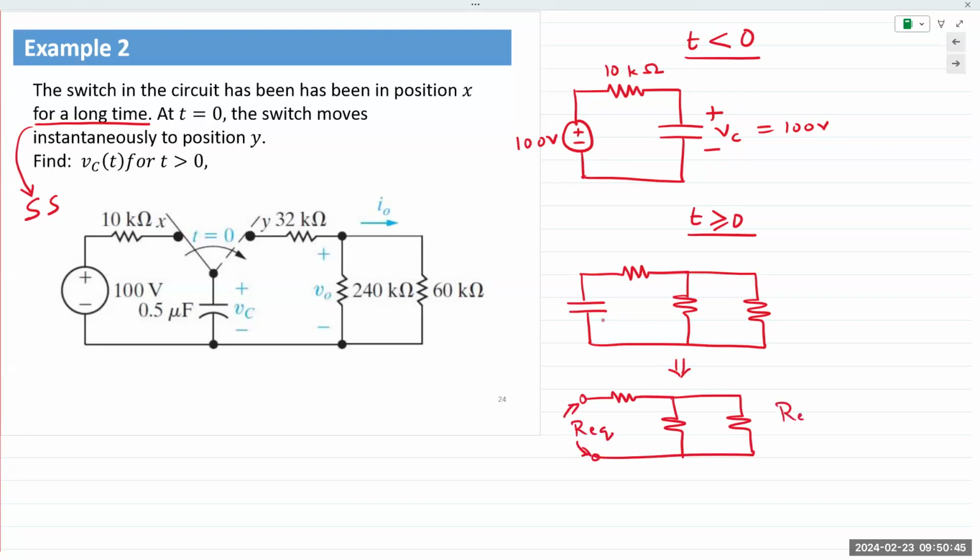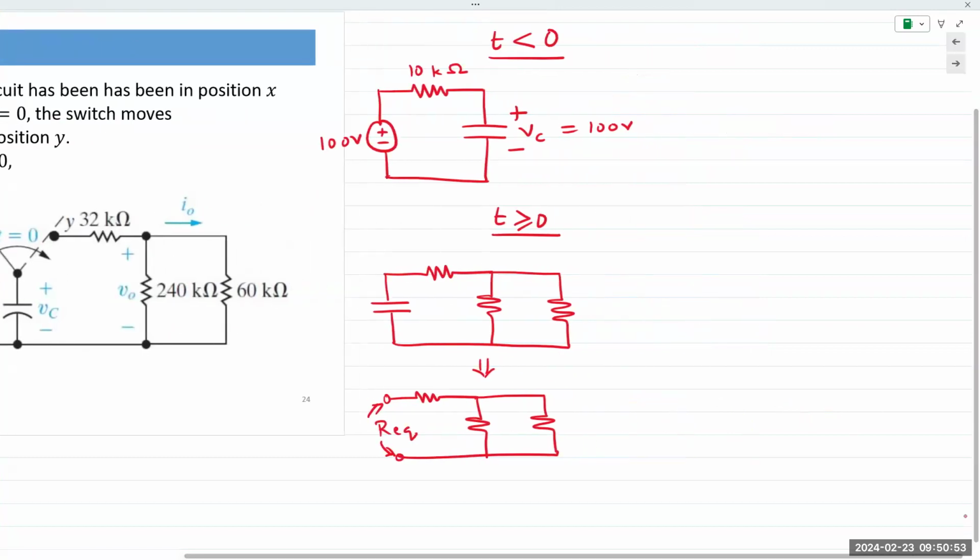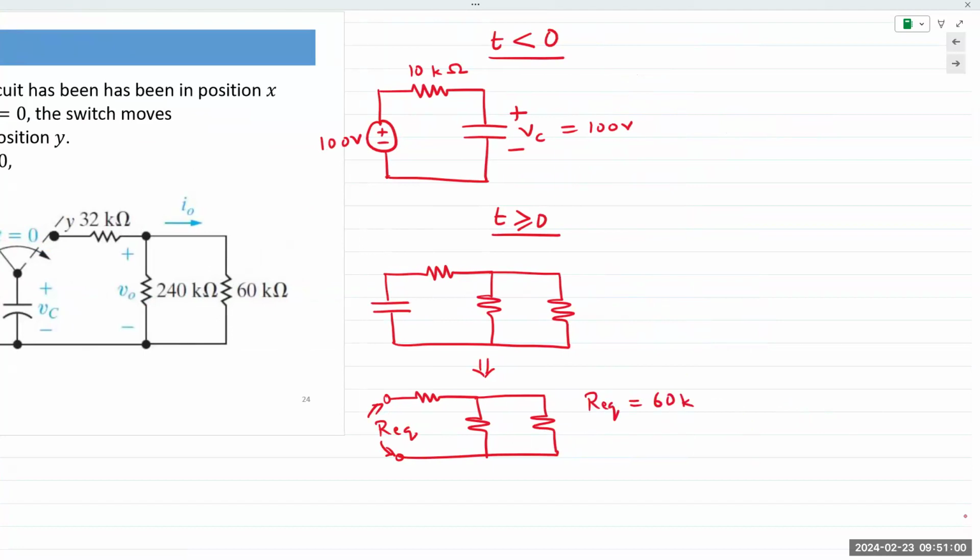And Req in this case would be, starting in the farthest end, 60 kilo ohm in parallel with 240, and then in series with 32K.